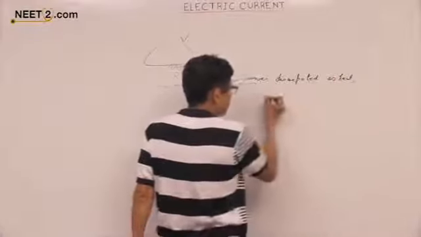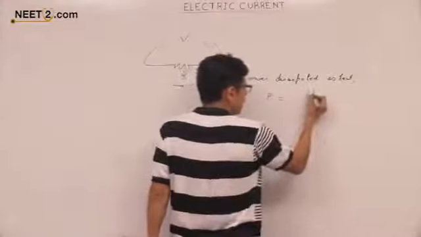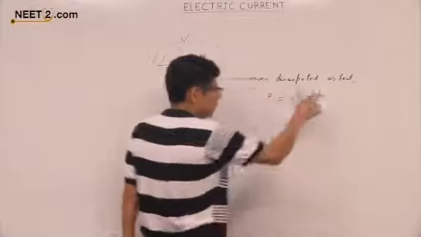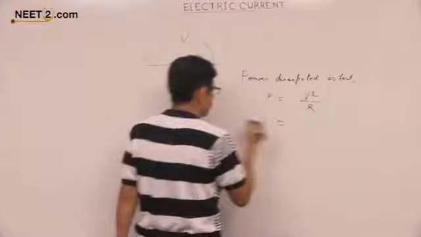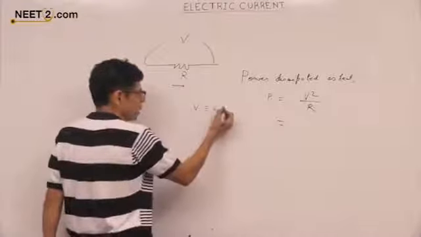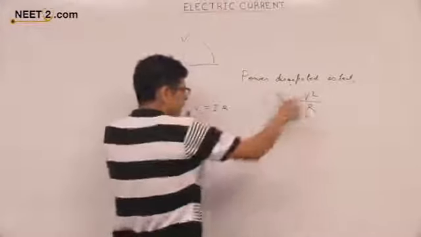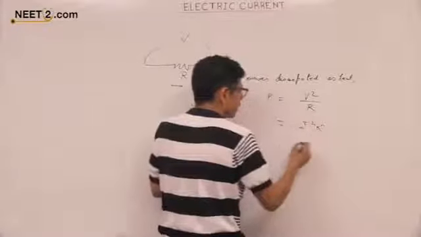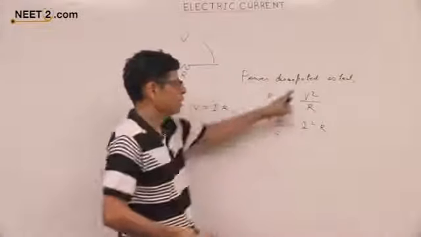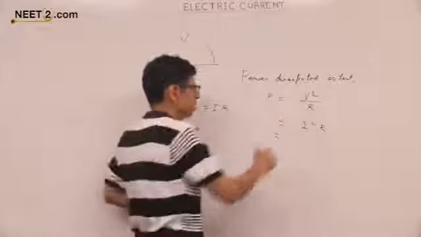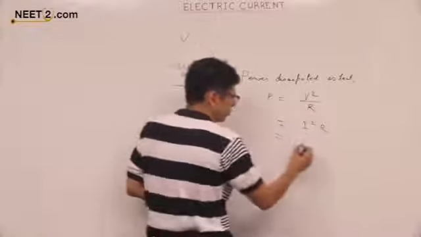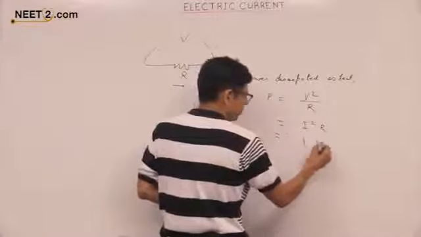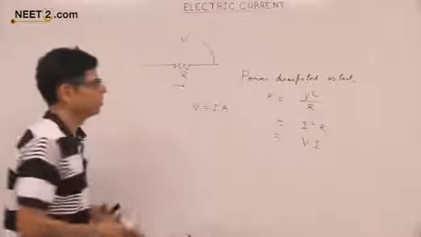Calling it by the symbol P, it is given by V square by R, and the following forms are also available because V is IR. If you replace the V there with this, then I have I square R, or if you replace just one V and leave the other V, then we have V into I.